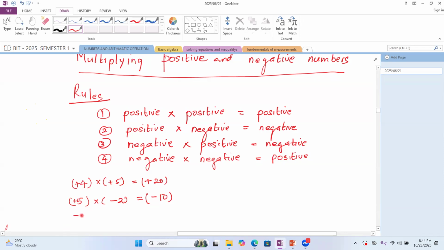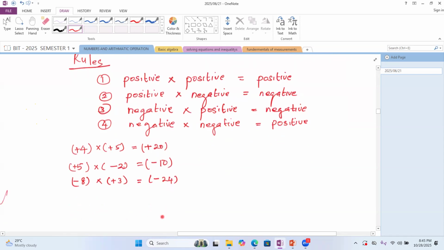The third one, negative 8 multiplied by positive 3. Negative multiplied by positive, we get negative also. 8 multiplied by 3 is 24.